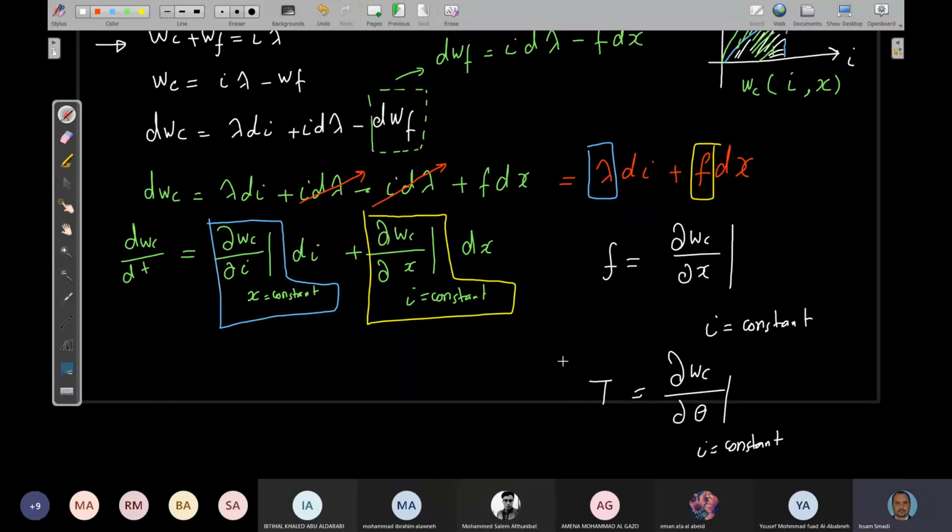And remember, I constant, x constant, this has nothing to do with the physical system. It's only a mathematical requirement. So here I will write a note for you: keeping I constant, x constant, or lambda constant, has nothing to do with the physical system.